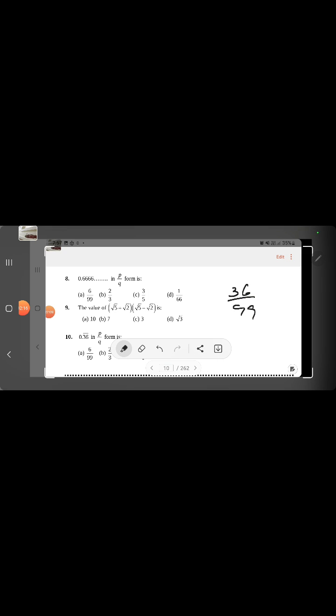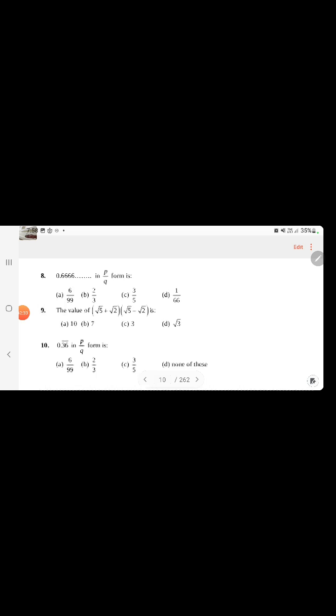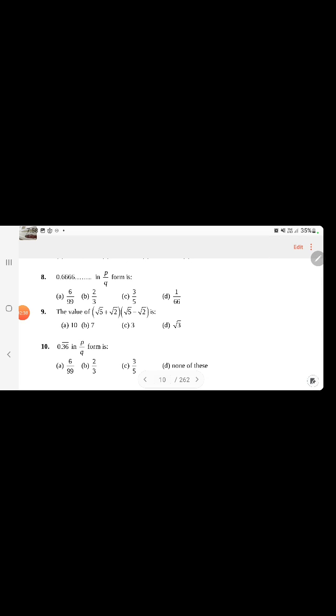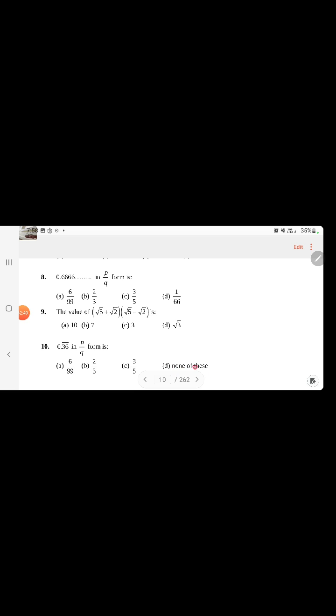The options are 6 by 99, 2 by 99, 3 by 5, none of this. We got 36 by 99, but here it is just 6 by 99, and we can't write that. 36 by 99 we can simplify into 2 by 3 or something. So, the answer is none of this.